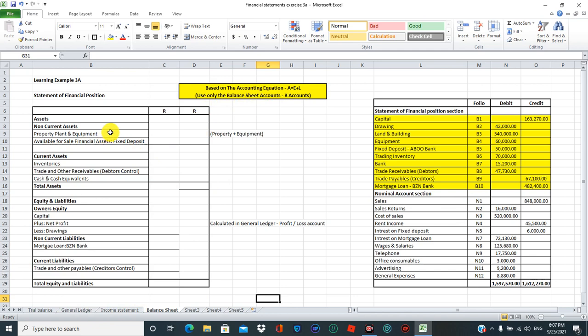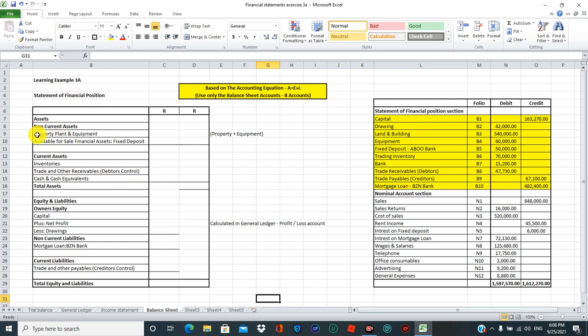So first of all, this is divided into your non-current assets, your current assets, which will give you your total assets, and then you have to work according to your equity and your liability.